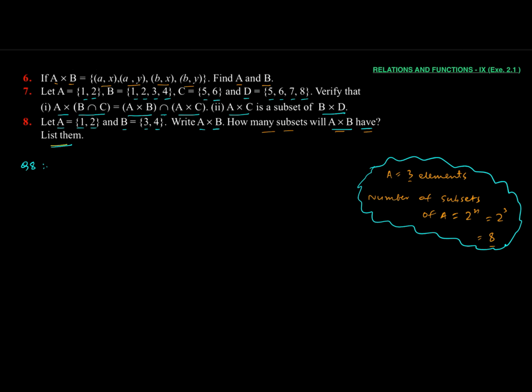Now our A cross B is having elements, as we know, 1 3, 1 4, 2 3 and 2 4. So now let's enlist the subsets. So first of all, we'll take all the subsets having only one element.